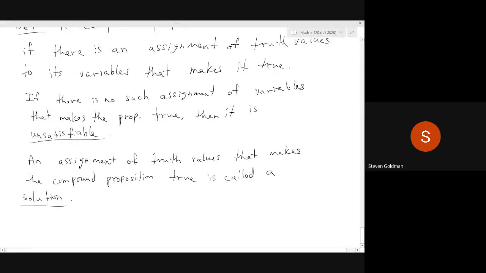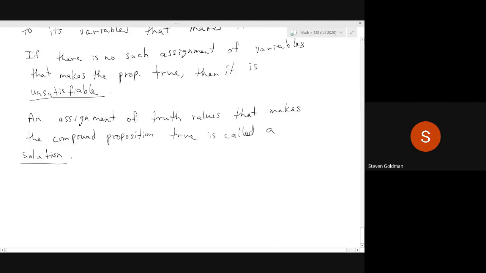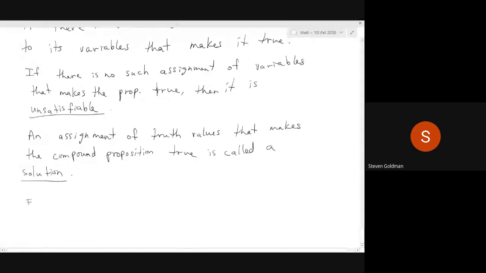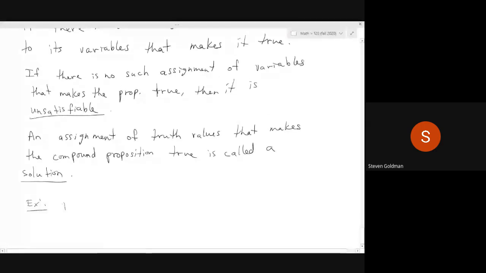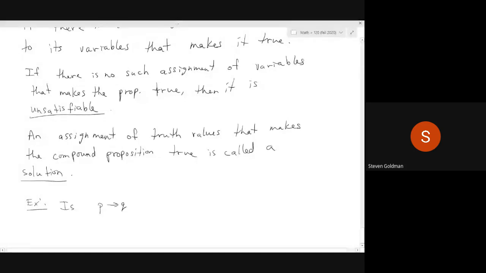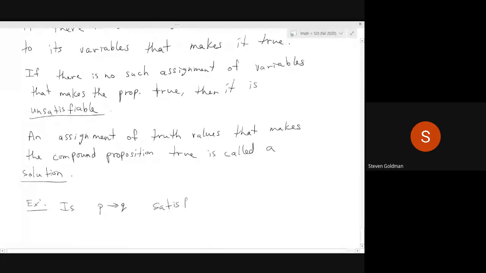All right, so let's deal with a basic example of something we've seen before. Is the compound proposition, if P then Q, a very basic conditional statement, satisfiable?